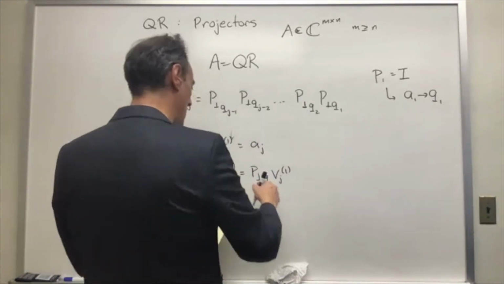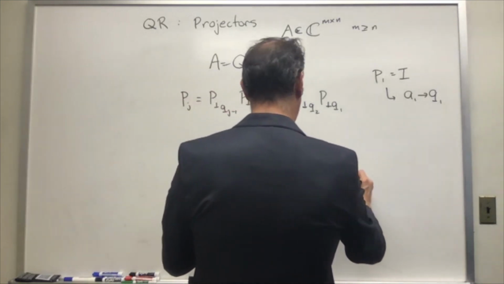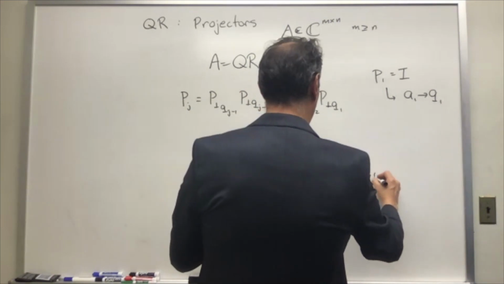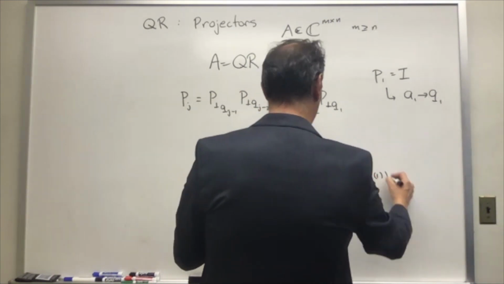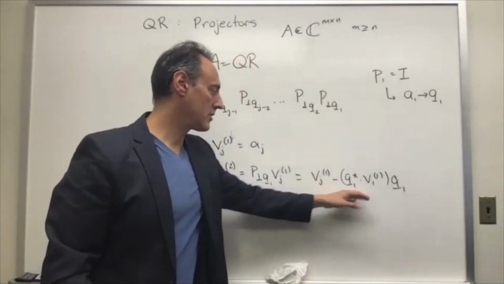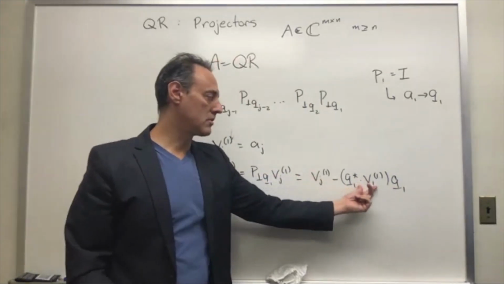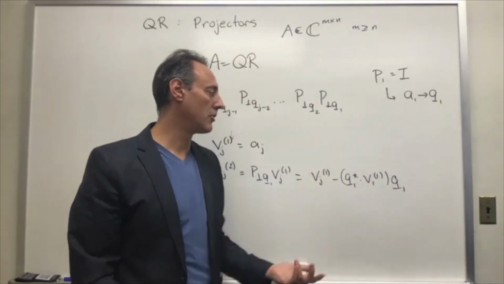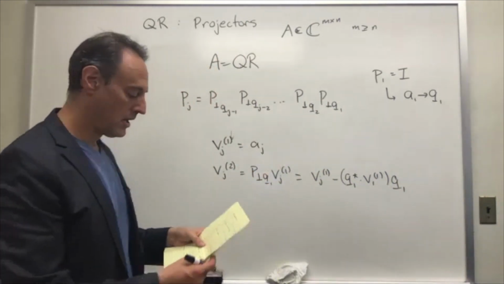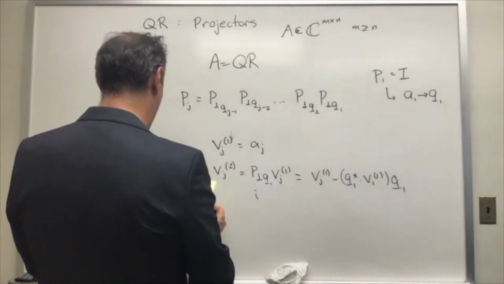Well, that's pretty easy. That's going to be V of j1 minus Q1 star dot V of j1 times Q1. In other words, subtract out the vector that's orthogonal. So this looks very similar to what we had before. You just compute a projection onto the Q1 direction and subtract it out. That gives you now the V of 2. And then you just continue on up the chain.